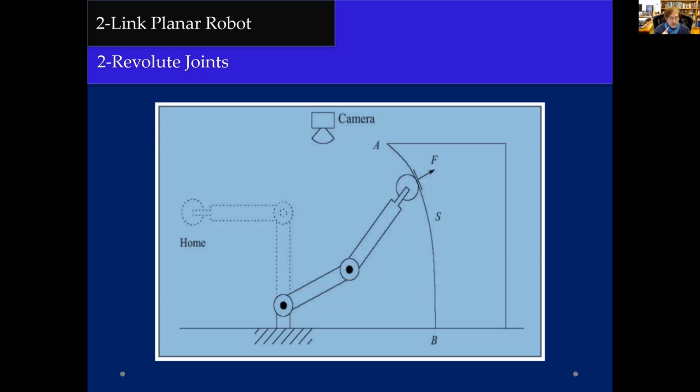The number of basic movements is the degrees of freedom. Therefore, to carry out this task, I need a 2 degrees of freedom robot. And also we said degrees of freedom are related to the number of joints. Therefore, I need 2 joints to carry out this task.